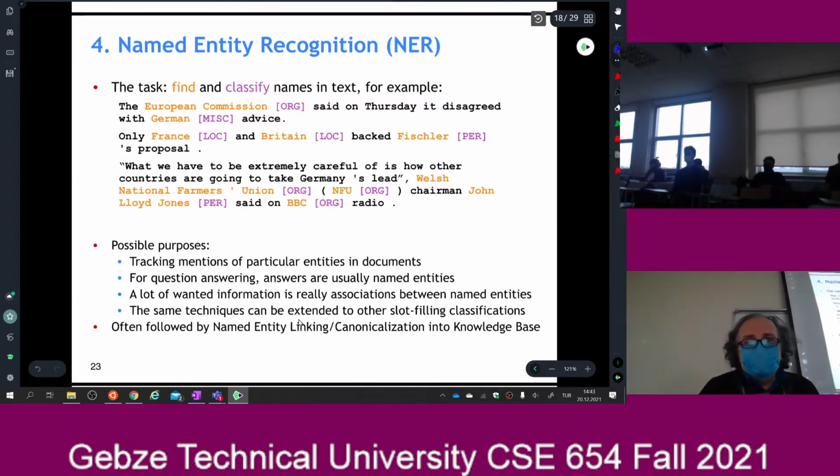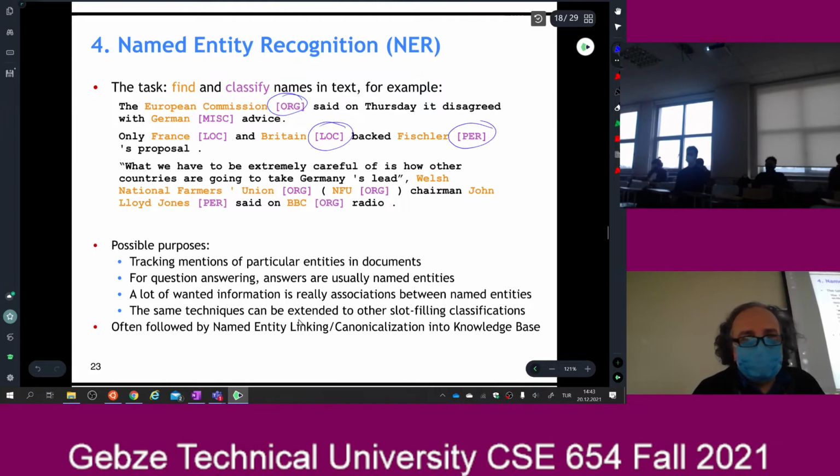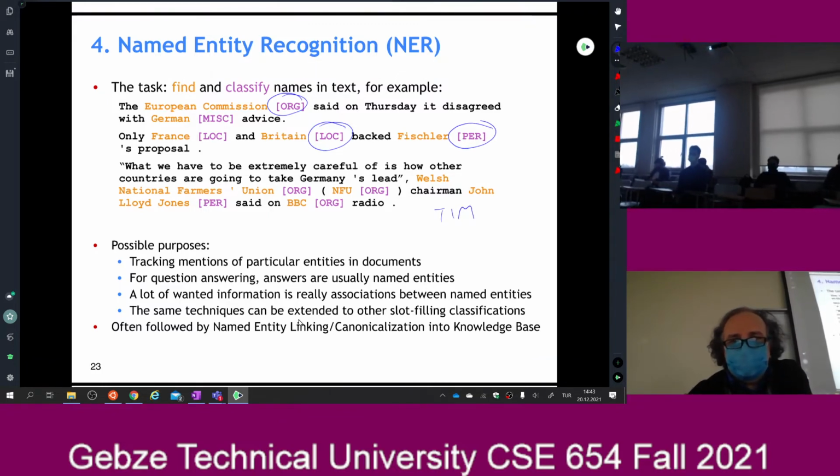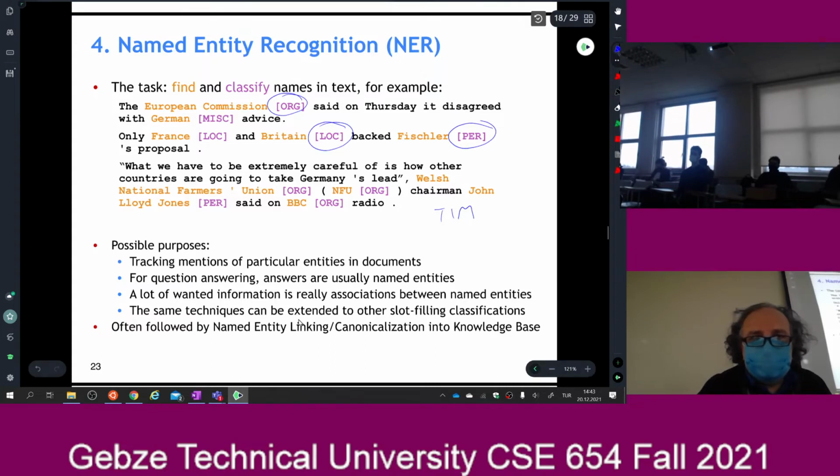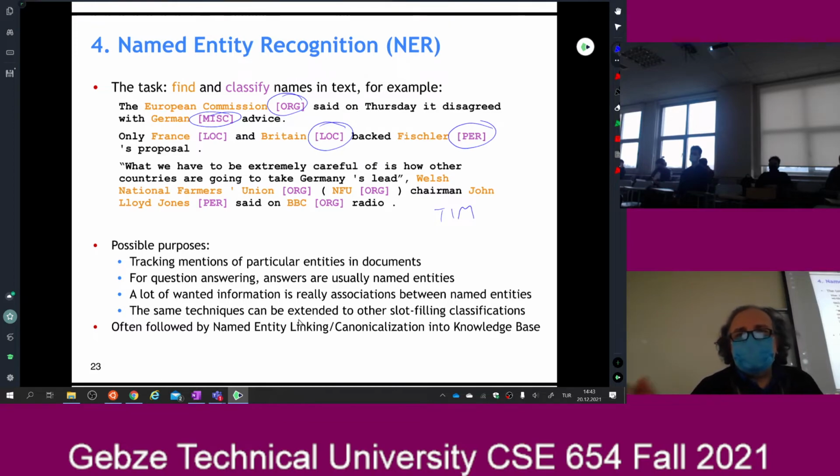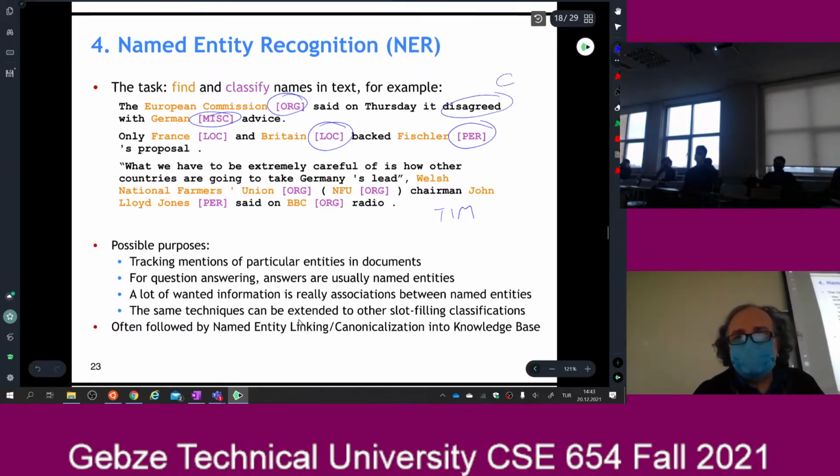So how many classes do I have? I have organization, person, location. I don't have an example here, but there is time too, and miscellaneous. So 1, 2, 3, 4, 5 classes, and the rest of them are classified as others.